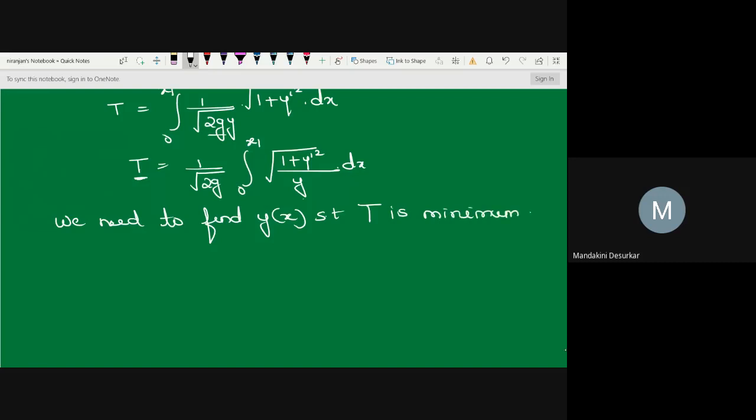Now for this, what is my f? As 1 upon root of 2g is constant, what I have is f equal to root of 1 plus y dash square divided by root of y. It is independent of what? x.